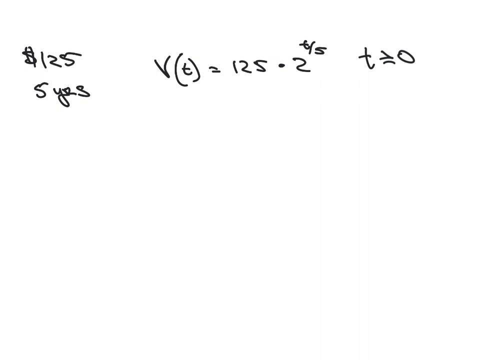So we're talking about 5 years. If we're interested in finding out what this is worth in 5 years, what we would do is v, and the time is 5 years. We're going to put a 5 there, and whenever we see a t, we'll put 5 years in. So whatever letter this is, when you get to the equation, you're going to put a number in for whatever letter you're looking for. There's a t here, so I'm going to put a 5 here over 5. 5 over 5 is 1.